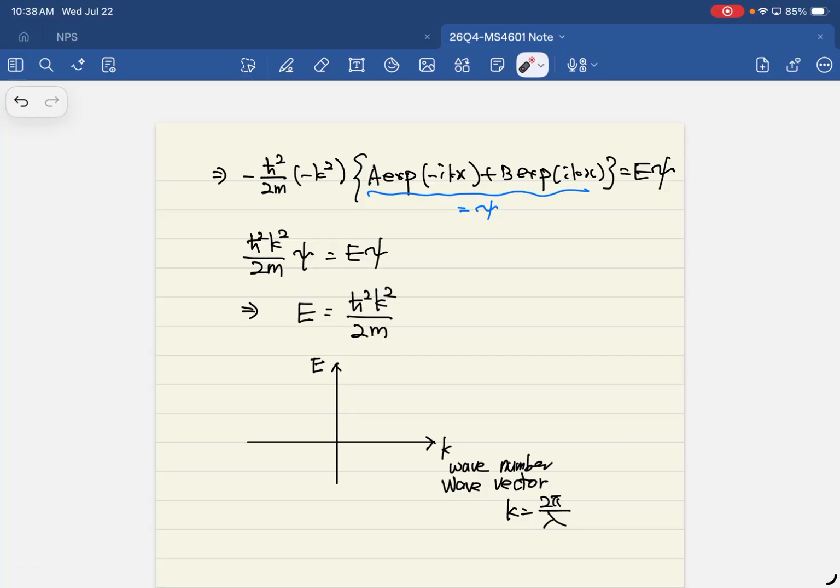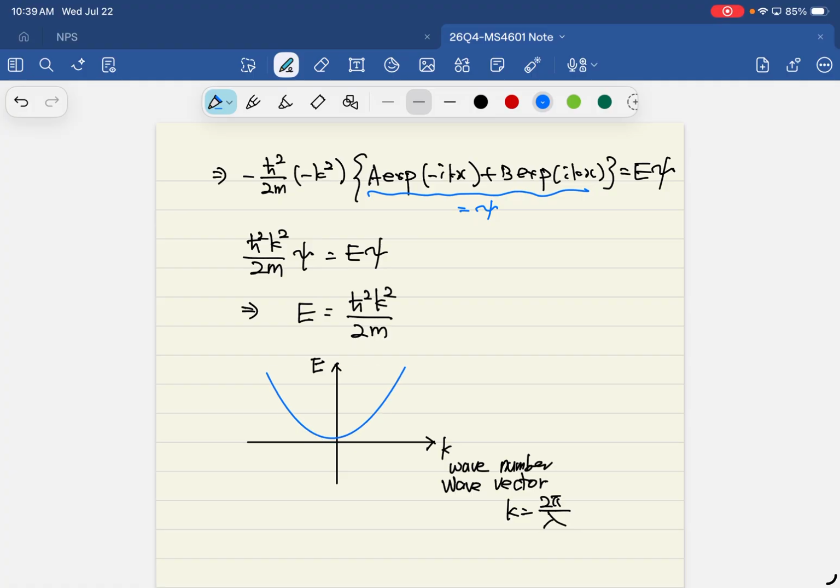And then this k is the variable, which is a wave number, and it has an inverse relationship with the wavelength lambda. And then we can plot how energy varies with wave number. That is essentially a parabola, right?